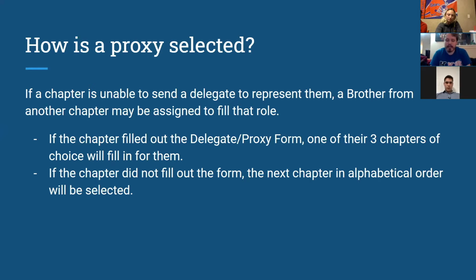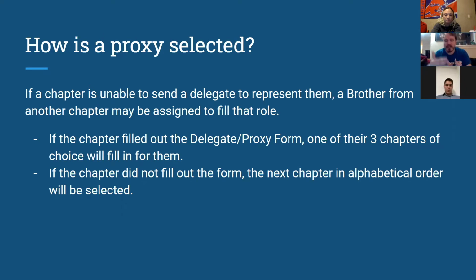What I mean by that is, this past district convention, I forget exactly which chapter was the last one assigned a delegate, but we'll say it was Theta Eta. So Theta Eta was the last one selected. At the beginning of this next Southeastern District Convention, the first chapter that does not have a representative would be given the next chapter, which would be Theta Theta, UAB, and so on and so forth.